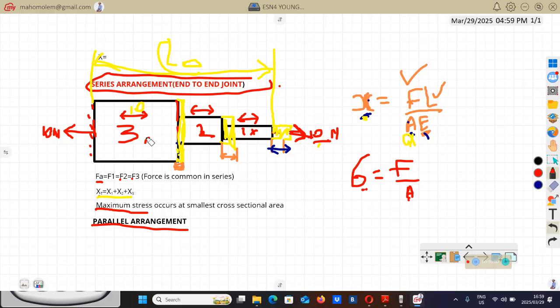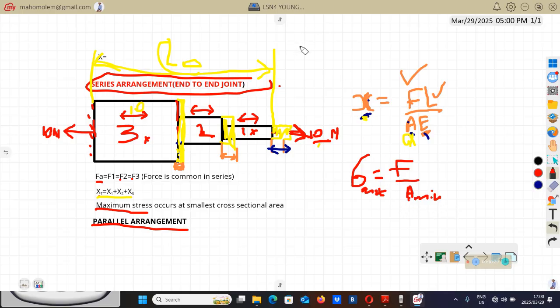Where you have the big area, we're going to have the smaller stress. Therefore, the maximum stress, the biggest stress, we're going to find at the smallest cross-sectional area. If you want to achieve maximum stress, you have to use the minimum area.